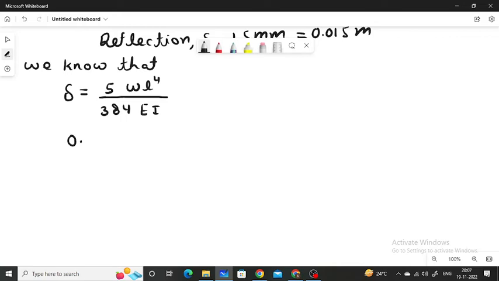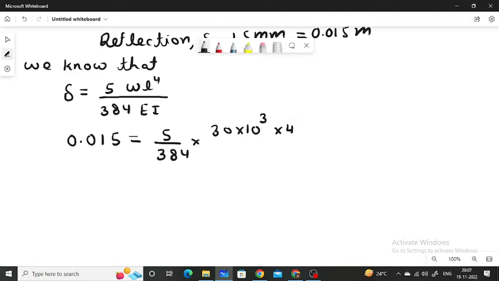Here deflection has been given 0.015 meters. Uniformly distributed load is given 30 kilonewton per meter, or say 30 into 10 to the power 3 newton per meter.